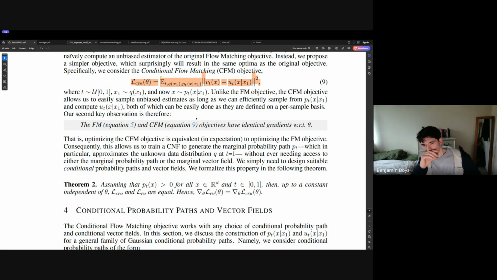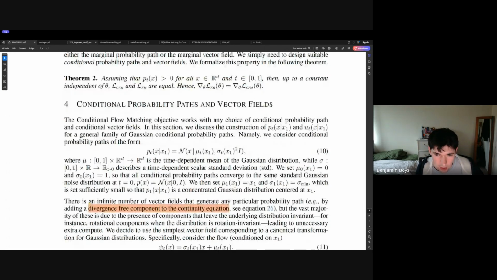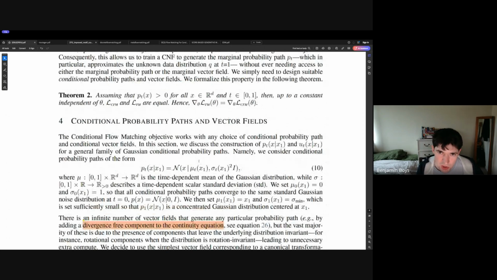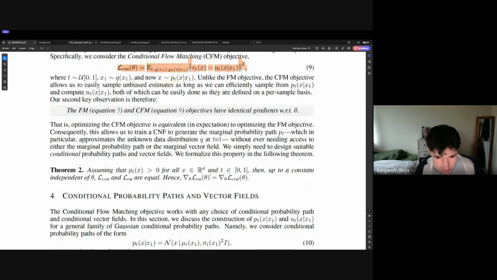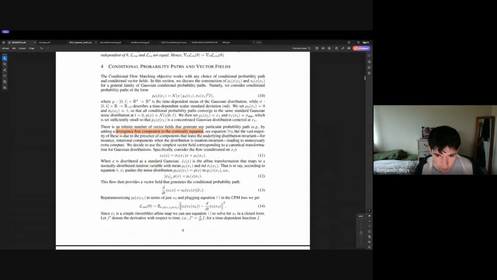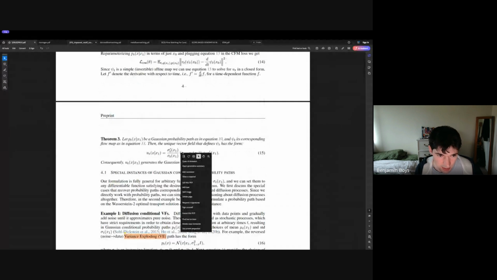And how do you evaluate U? I mentioned that the marginal UT of X, you can't evaluate, we don't know it. But the conditional, you do know, because you know your source distribution is Gaussian. And that just makes this easy to compute. And so you can go through these equations.